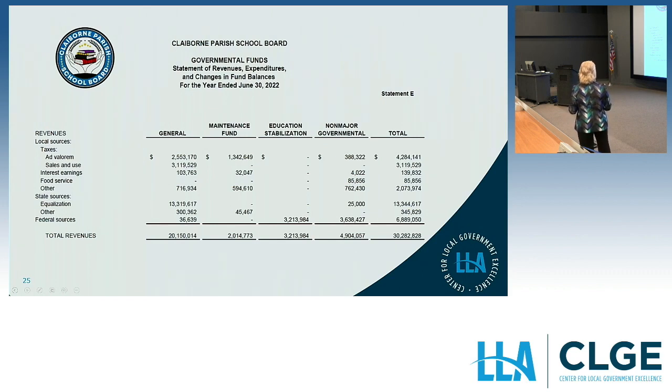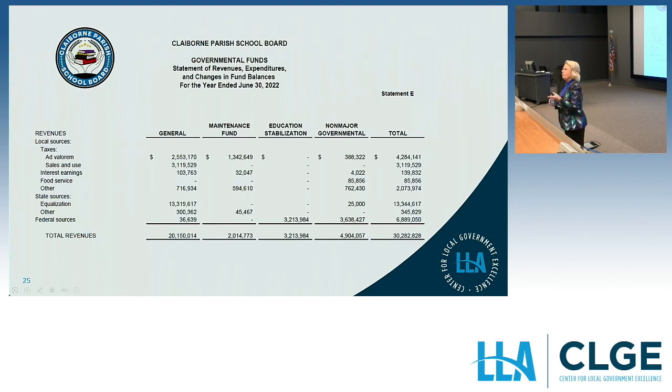So the maintenance fund gets ad valorem taxes, and then they have a couple of other things. So when we think of the word maintenance, for me, ad valorem tax tells me there is probably a tax that's dedicated to maintenance for the Claiborne Parish School Board, not capital outlay. Maintenance is different from capital outlay. So I'm thinking this is a special revenue fund.